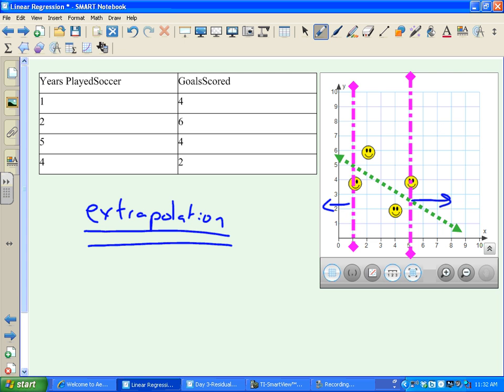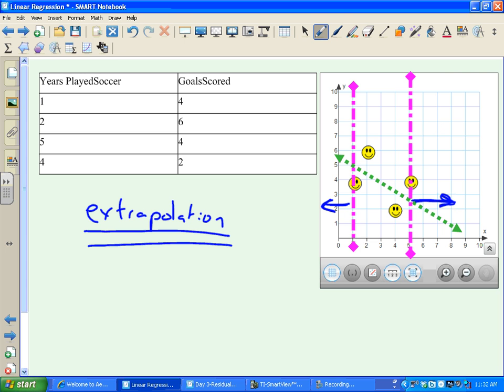I predict it to be blank. In other words, if I played soccer for 6 years, I predict I will score this many goals. However, it is outside of my data range, so therefore I'm in danger of extrapolation. That means I don't have any data to support it, but based on what has happened, if it continues to behave that way, this will be true. But I have no evidence to say that it will behave that way above or below it.